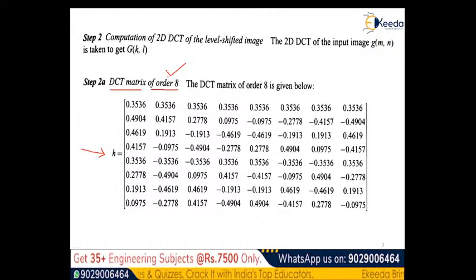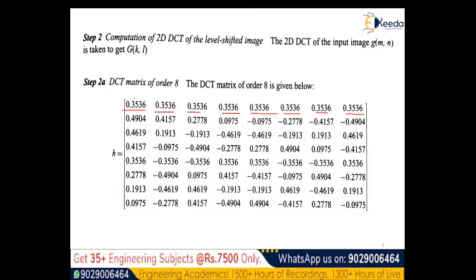So you see in the first row we have the coefficient value 0.3536. So this is again repeated for the second, third, fourth, fifth, sixth, 7 and 8 here. So in the first row we have all the elements with the same value. The coefficient value is 0.3536 here. Then you check the first column.